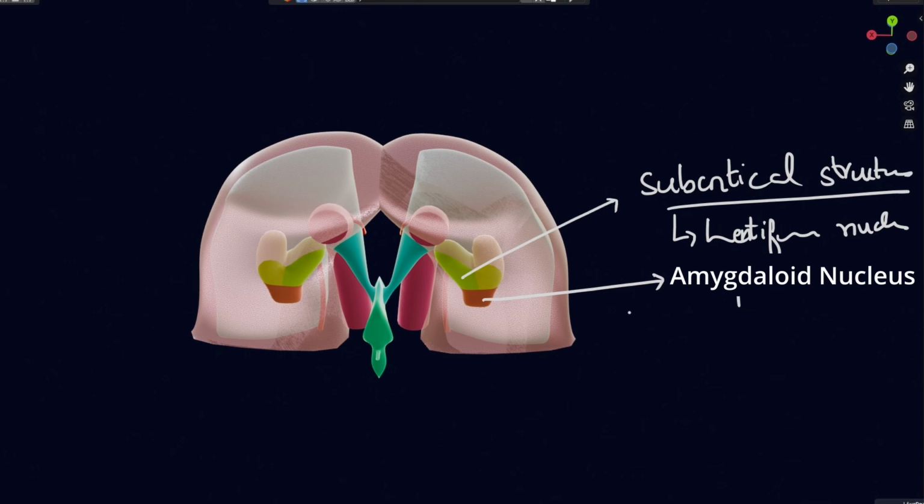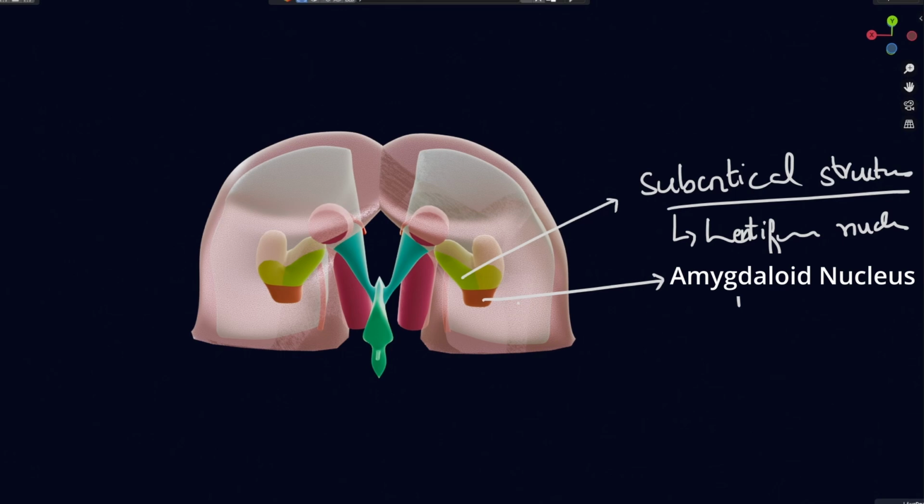Now these are the structures at the floor of this primordial lateral ventricle. It is not a complete mature lateral ventricle, it's a primordial lateral ventricle, which is of course part of the telencephalon.